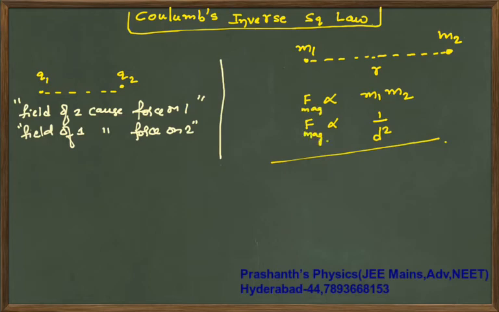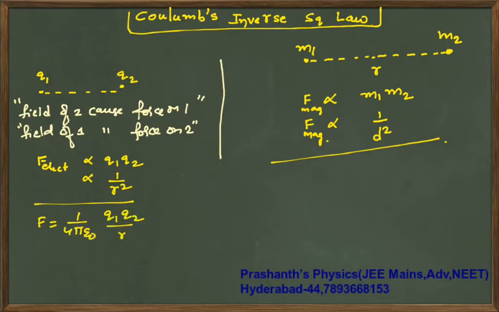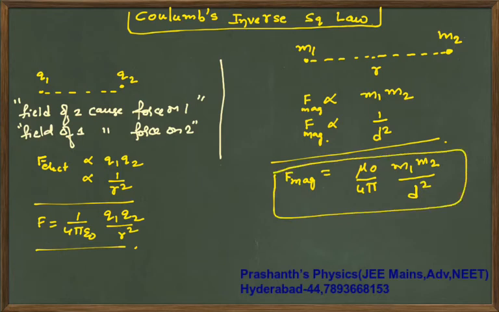In electrostatics, your electrostatic force is Q1 Q2 by R square, inversely proportional to R square. With proportionality constant K, which is 1 by 4 pi epsilon naught, Q1 Q2 by R square. Doing the same, your magnetic force is mu naught by 4 pi into M1 M2 by d square. I hope by this time you must have understood both are the same.